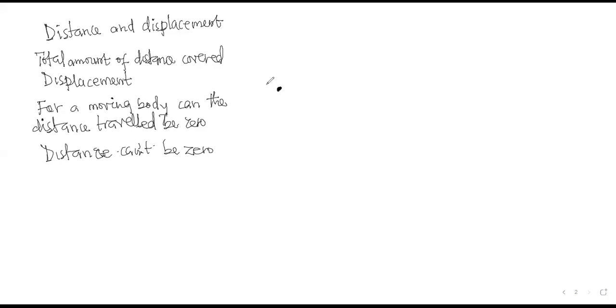Exactly. So, with displacement, we are always interested in a point of reference, the starting point. So, Emelda starts a journey from A, then went to a point B.